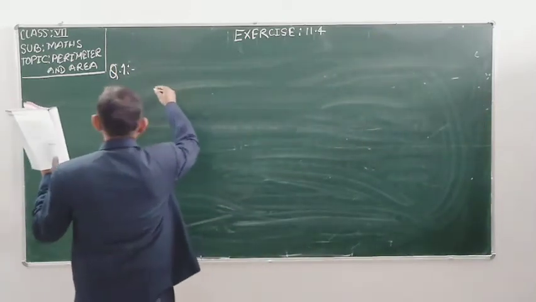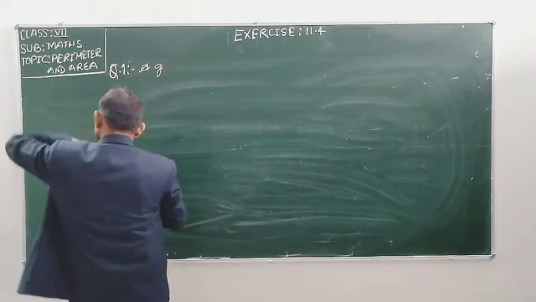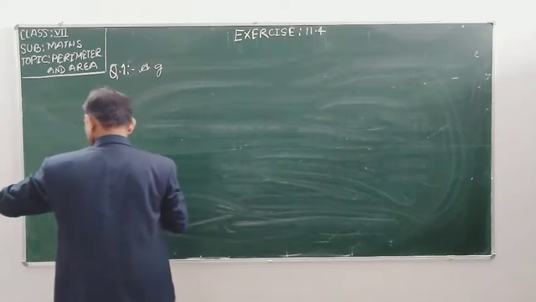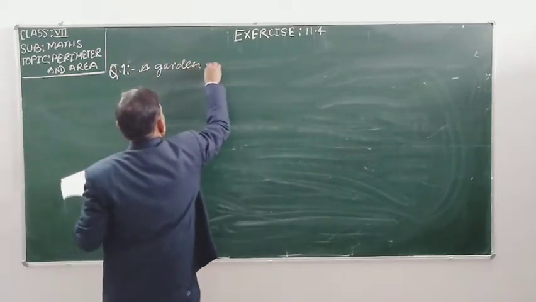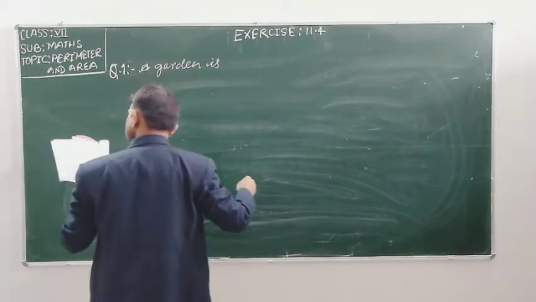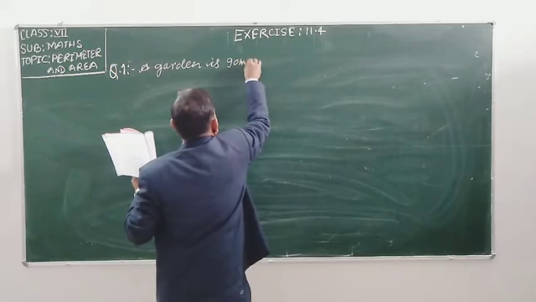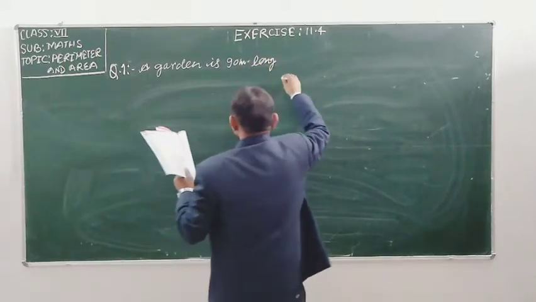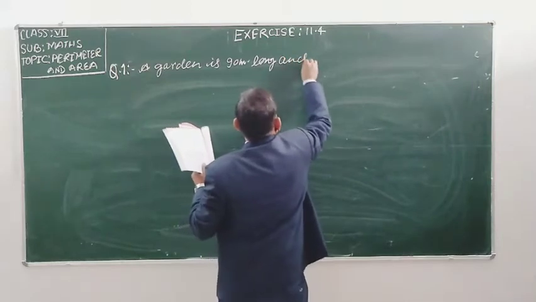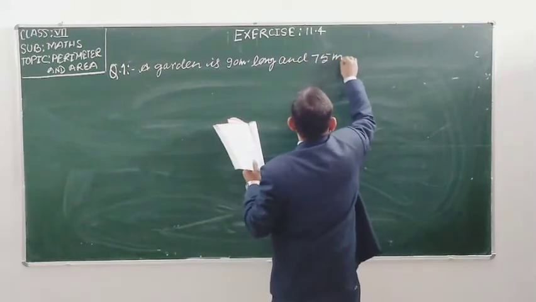A garden is 90-meter long and 75-meter broad.